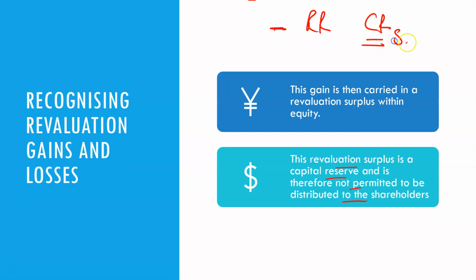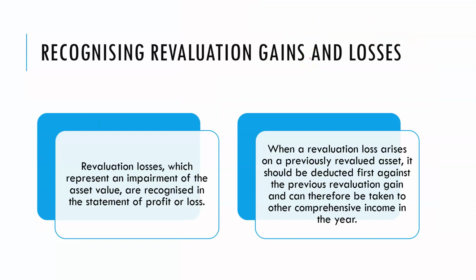Typically share premium and revaluation reserves are capital reserves. You can only really distribute dividends from profits, retained earnings, things like that, which are your revenue reserve.